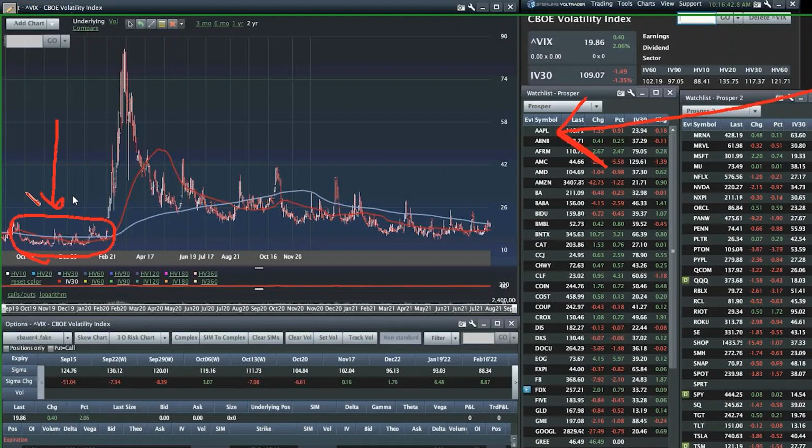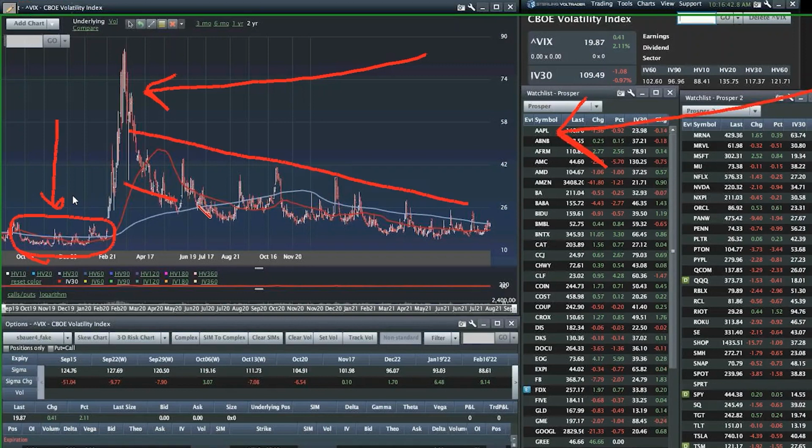For the longest time, the VIX traded in the low to mid-teens. And then obviously we saw this massive spike up here when the world fell apart. And as we have been getting back to some sense of normalcy, we've been seeing the VIX trend back to that area of normalcy.